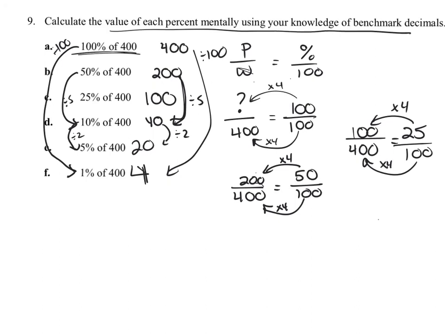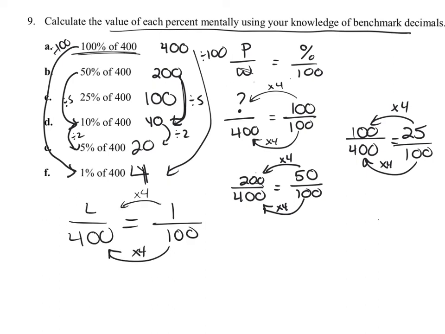But for all of these, even for the 1%, you can set up your ratio. 1% out of 100, you're trying to get to 400, times 4, times 4, gives you 4 as your answer.